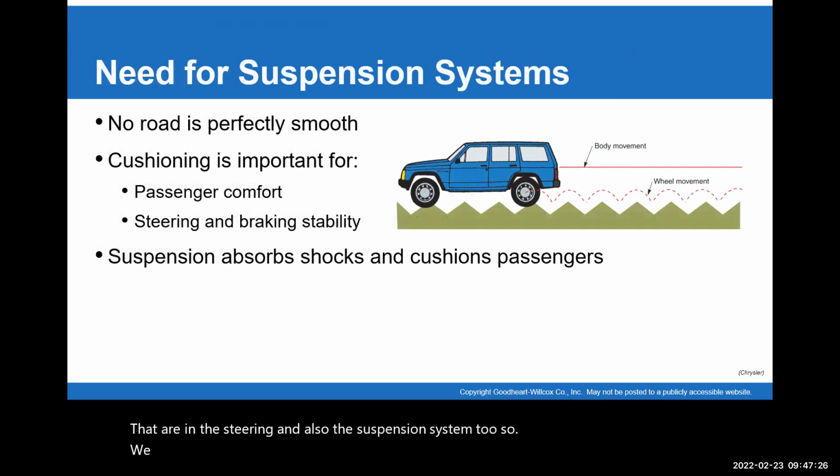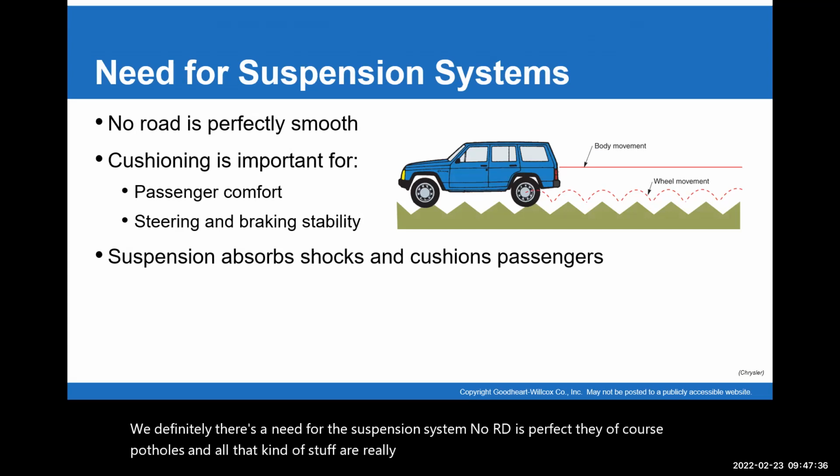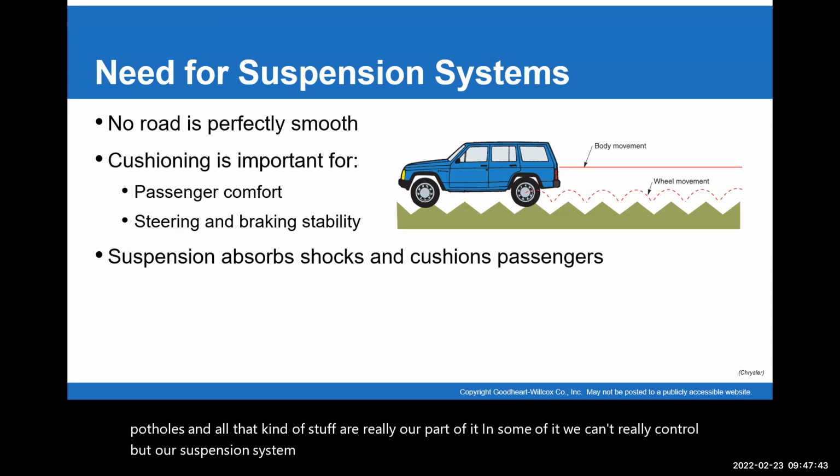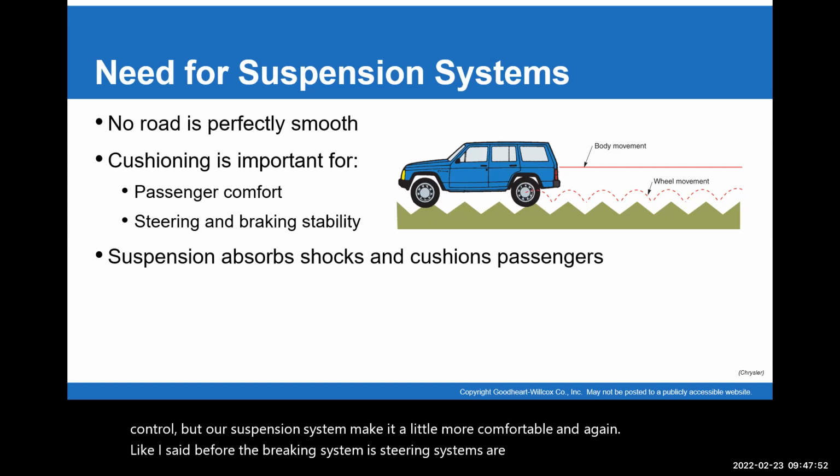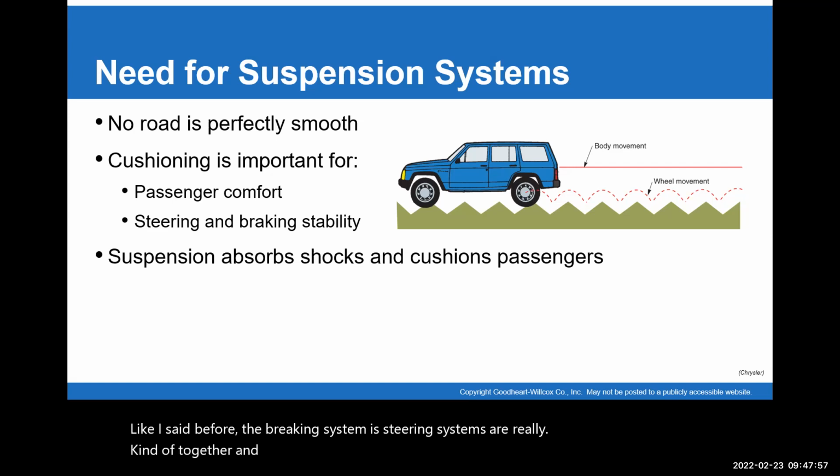There's a need for the suspension system. No road is perfect. Of course, potholes and all that kind of stuff are part of it, and some of it we can't really control, but our suspension system makes it a little more comfortable. And again, like I said before, the braking system and the steering systems are really kind of together, and they really interact with each other too.